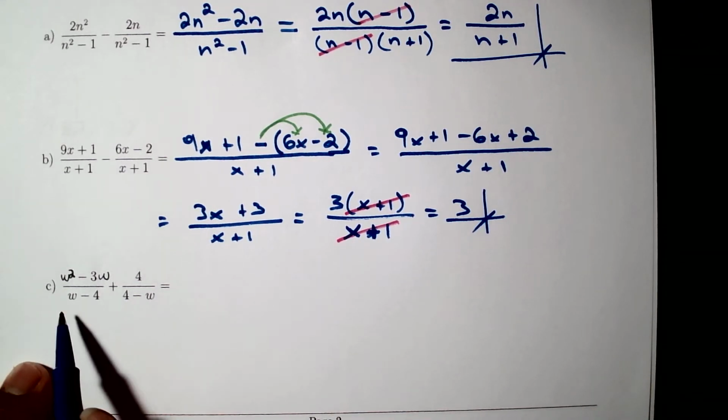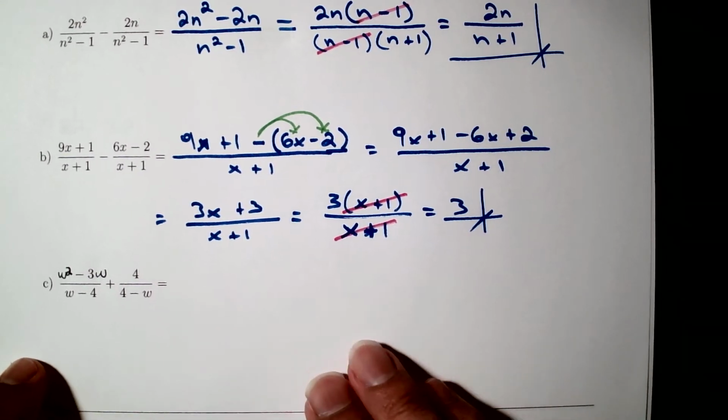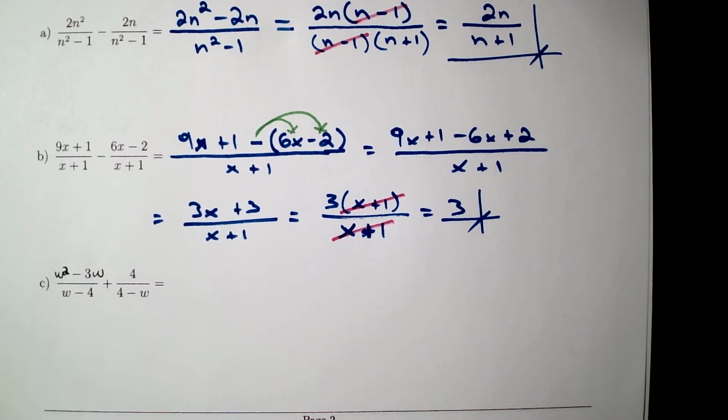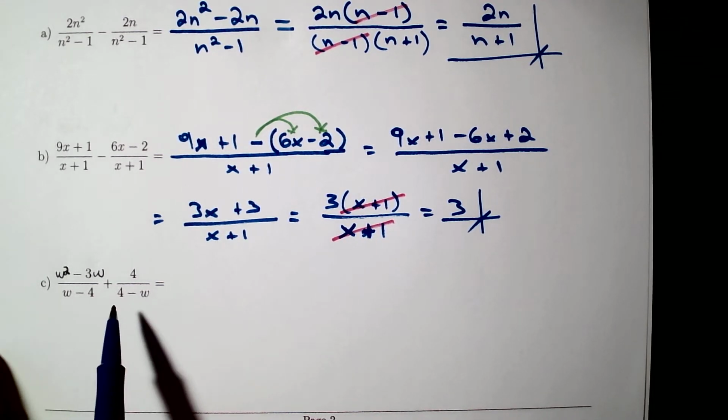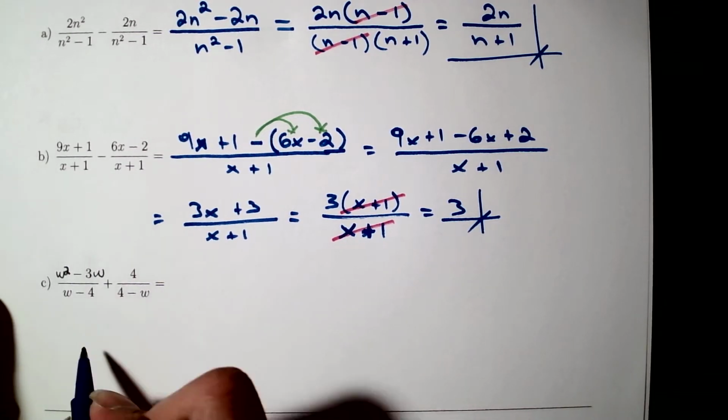Alright, let's see. In this case, notice w minus 4 is not the same as 4 minus w. These two fractions don't seem to have the same denominator. So this is what I'm going to do. I'm going to use the negative sign property to factor out the negative sign.